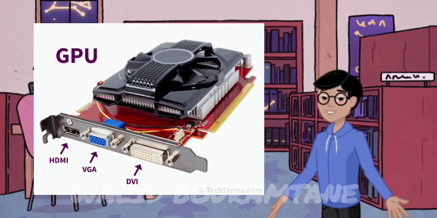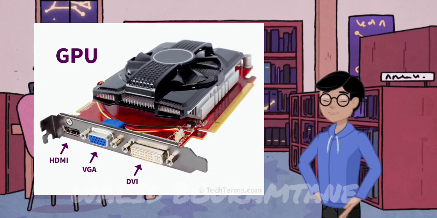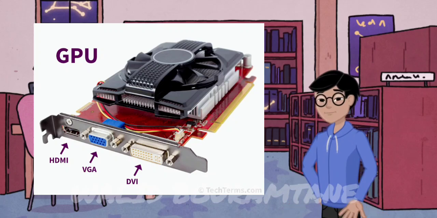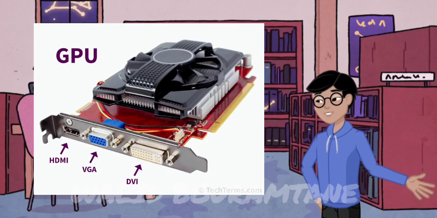3. Memory. GPUs have their own dedicated memory, known as VRAM, Video Random Access Memory, which stores textures, frame buffers, and other graphical data. This allows for quick access and manipulation of graphics data, further speeding up rendering tasks. 4. Shaders.